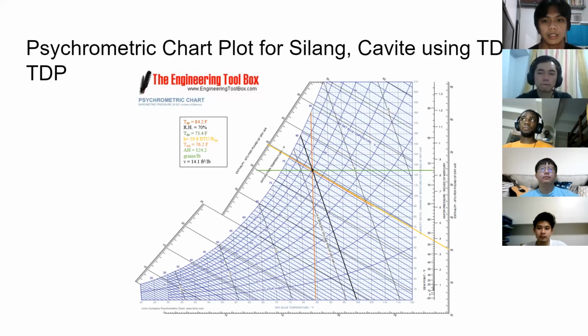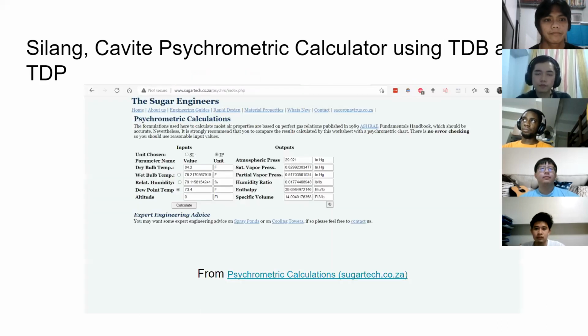From this chart, we can find the other data like the enthalpy, which is 39.8 British thermal units per pound of dry air, the temperature of the wet bulb to be 76.2 Fahrenheit, and so on and so forth. This will be discussed later on.